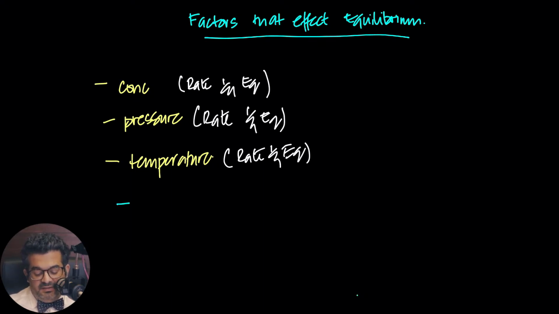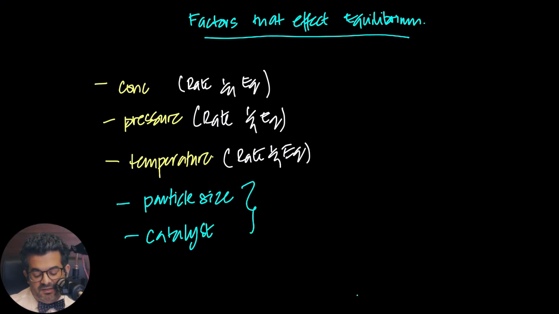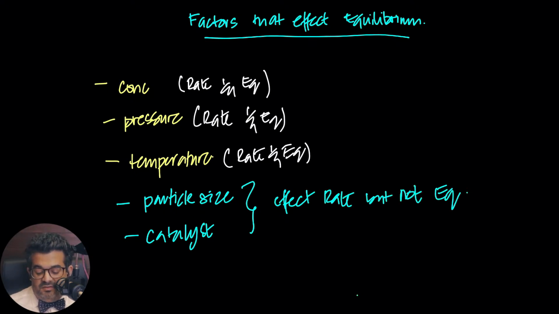But there are two other factors, particle size, which is surface area, and catalyst. These two factors affect rate but not equilibrium position. Remember, the reason equilibrium is affected is because of the change of rates.